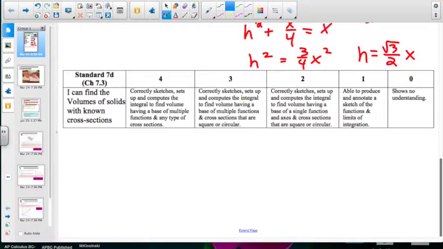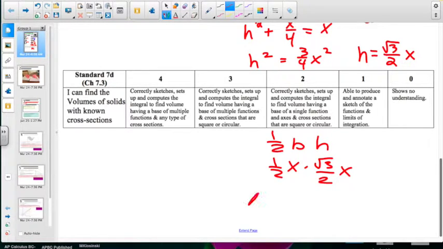Okay, so bringing it all together, the base is how long? X, right? It's the whole equilateral triangle we're trying to find the area of. The height is square root of 3 over 2 x.